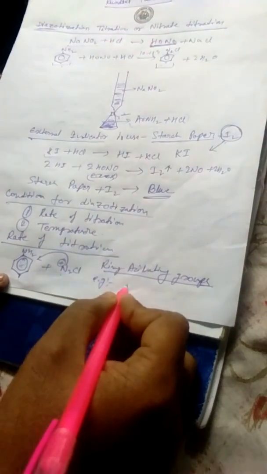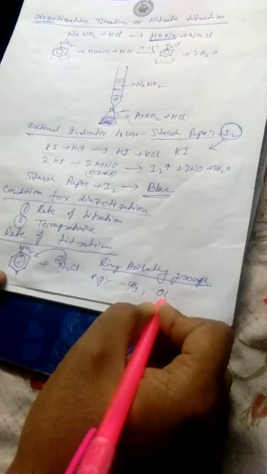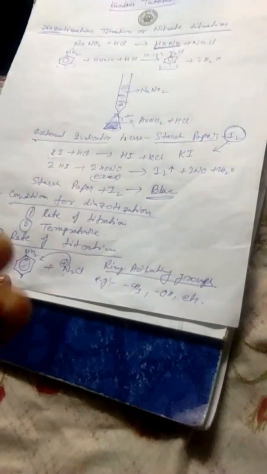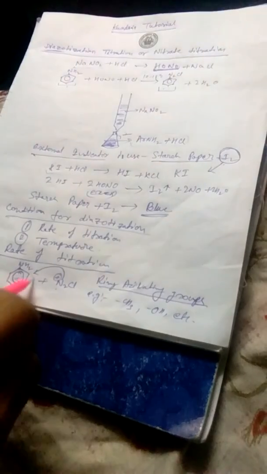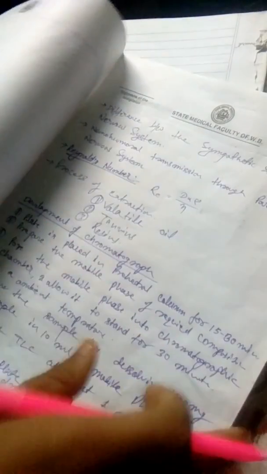Examples: CH3, OH hydroxyl, etc. These will push the electrons inside the ring, and the activity of this ring will increase and the rate of titration will increase.